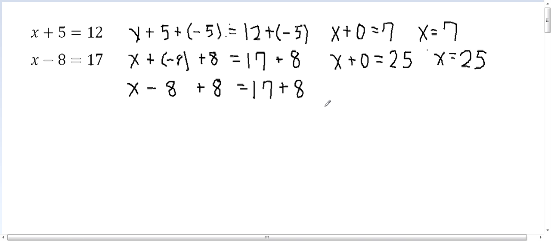Since we end up with x plus 0 in both cases, we can then proceed solving for x as before. From now on, we'll treat these expressions with subtraction directly, without converting them to addition first.